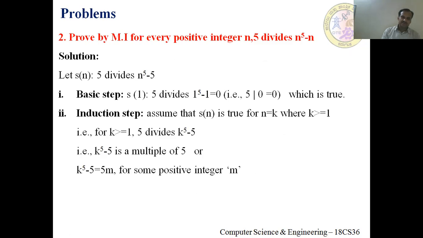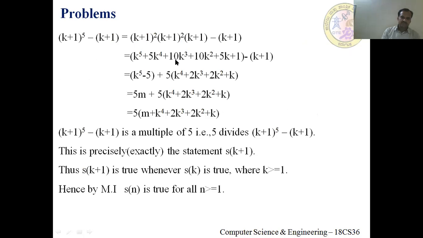That's why we can say that k to the power of 5 minus k can be replaced by 5 times the value of m. If I take 5 as the common factor, 5 into k to the power of 4 plus 2k cube plus 2k square plus k, plus 1 minus k plus 1.